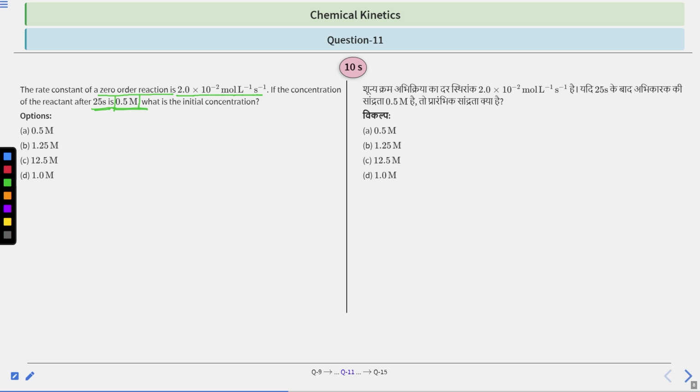We have to find out the initial concentration of the reactant, and the rate constant for the zero order reaction is given. So options are 0.5 molar, 1.25 molar, 12.5 molar, or 1 molar. You have 10 seconds to solve this question. After that, we will see the correct answer.